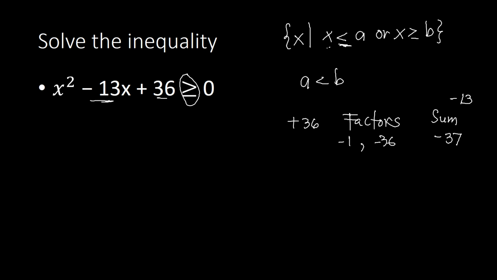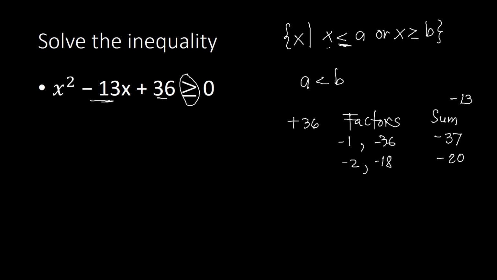We go to the next one: negative 2 and negative 18. Adding, this is negative 20, and this is not the number we are looking for. It should be negative 13.